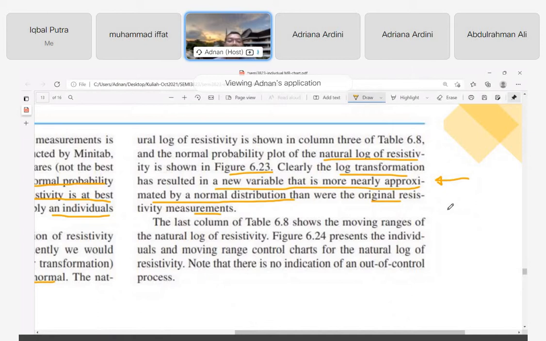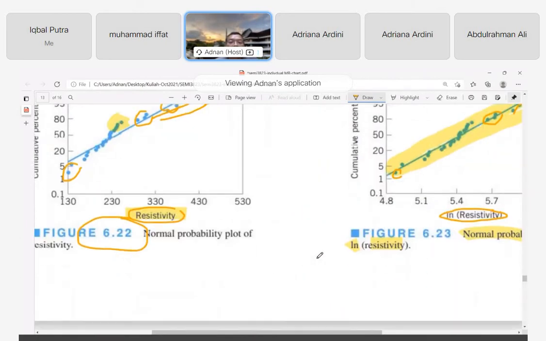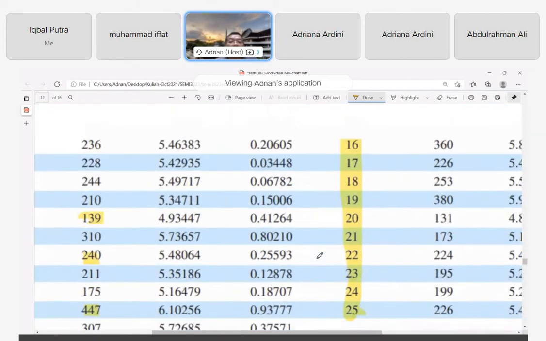The last column on table 6.8 shows the moving range of the natural log of sensitivity. So when we take the log of the data, we also have to take the moving range from the log.